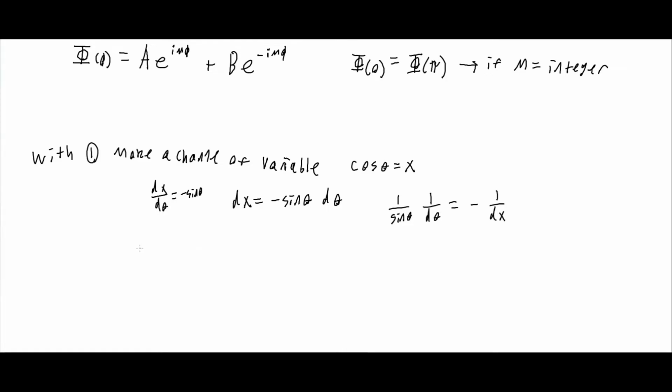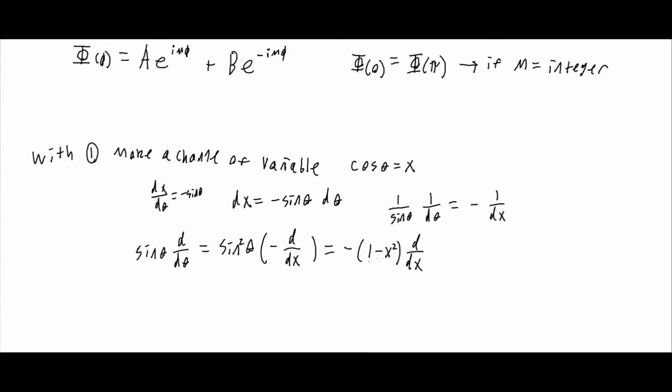And so then we can say that if we have sine of theta d d theta is equal to sine squared theta times minus d dx, and this allows us to say that we have minus 1 minus x squared d dx.